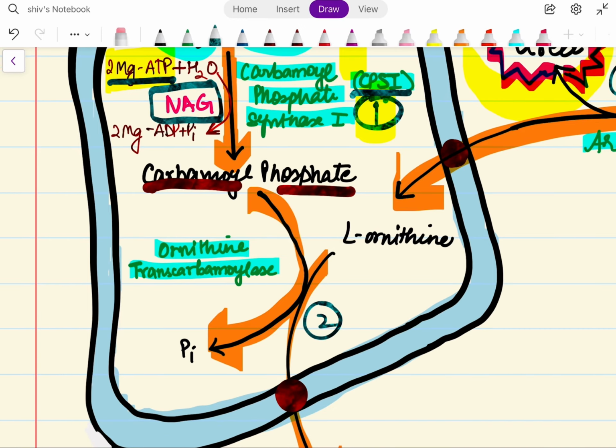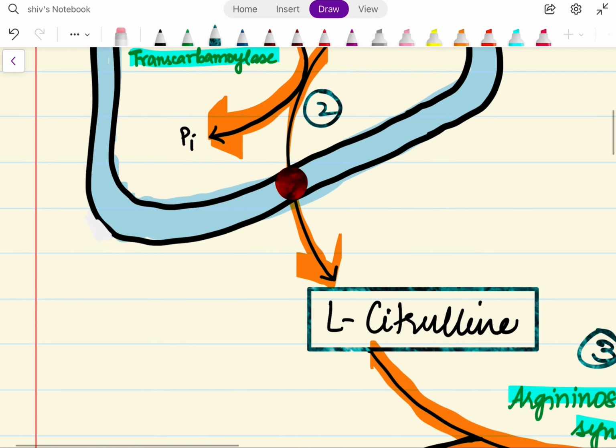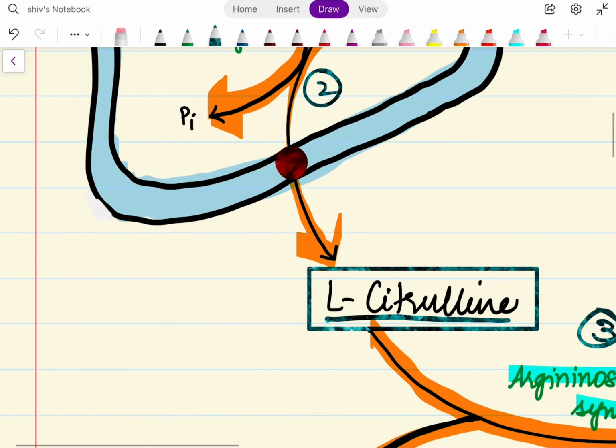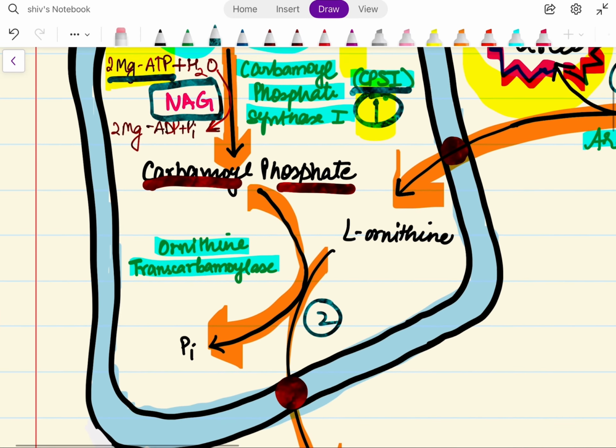Okay, the next step also occurs in the mitochondria, and this results in the formation of a compound known as L-citrulline. Let's see how. Citrulline is synthesized from carbamoyl phosphate and ornithine by the enzyme ornithine transcarbamylase. Now, why trans?